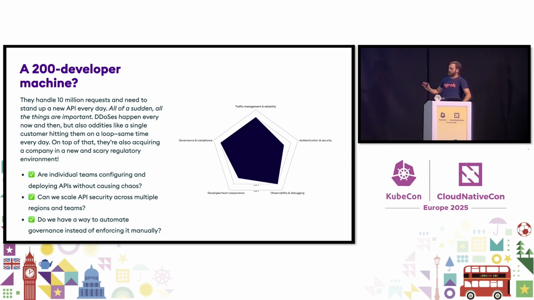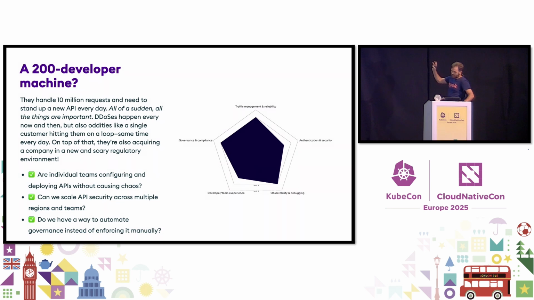So we've got our Acme Corp, now that they are a 200 developer machine, which means they are a much bigger organization overall. And I kind of hate the shape of this just aesthetically, but I think it shows how the adoption of features and maturity with the API gateway can change over time because your requirements are changing.